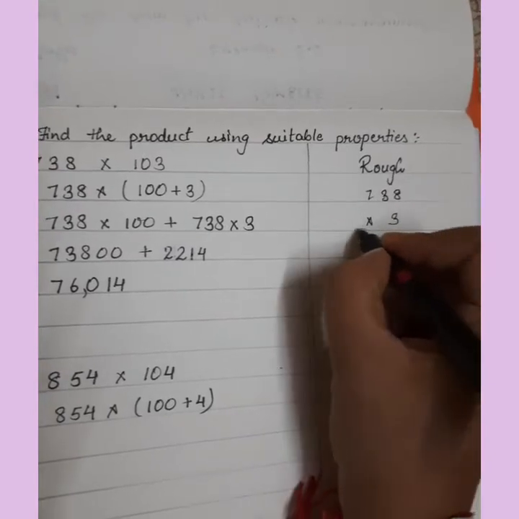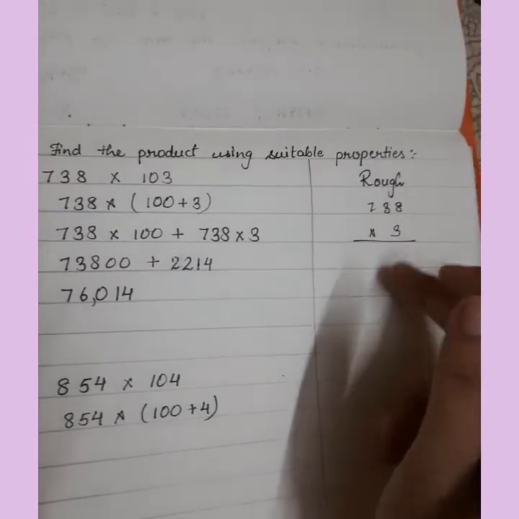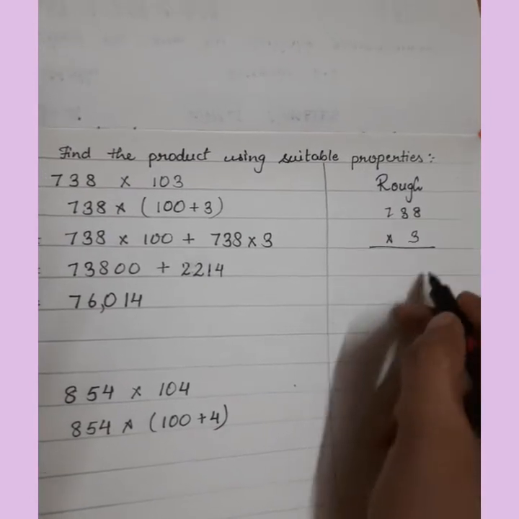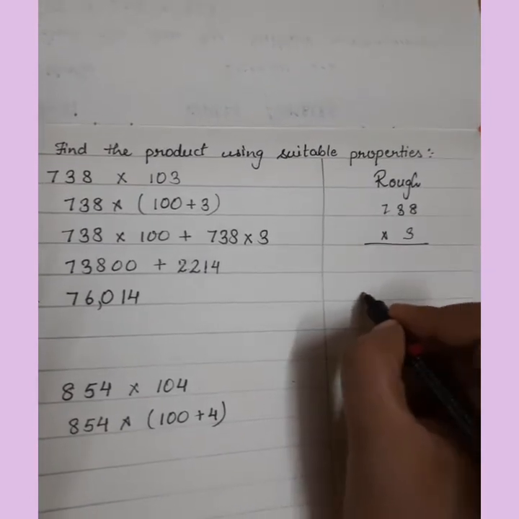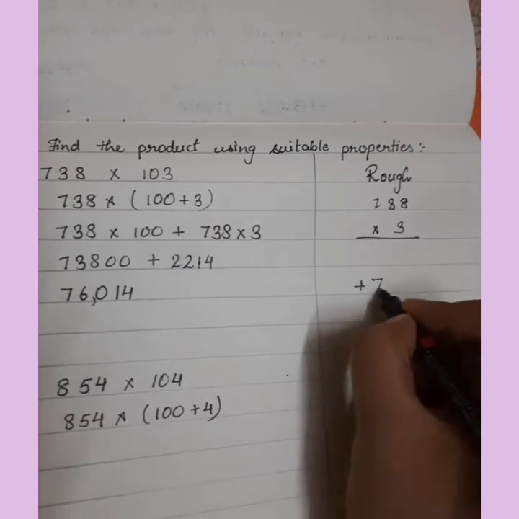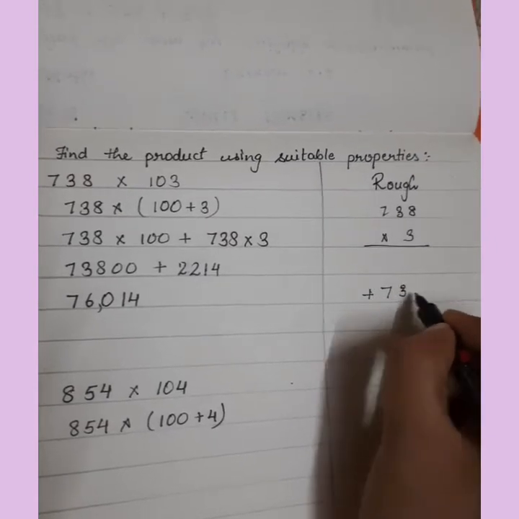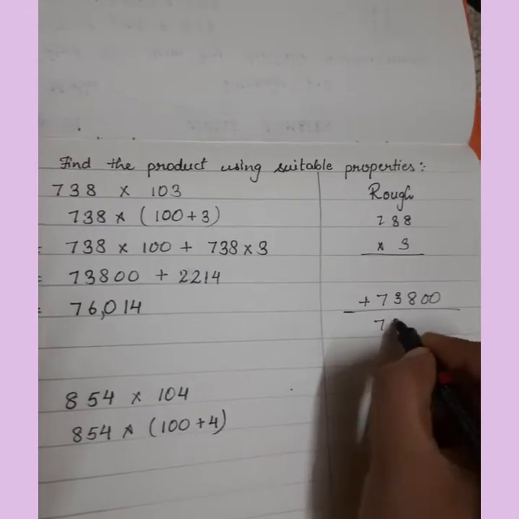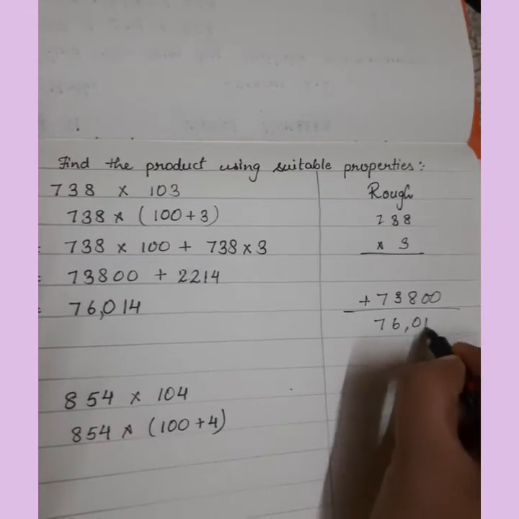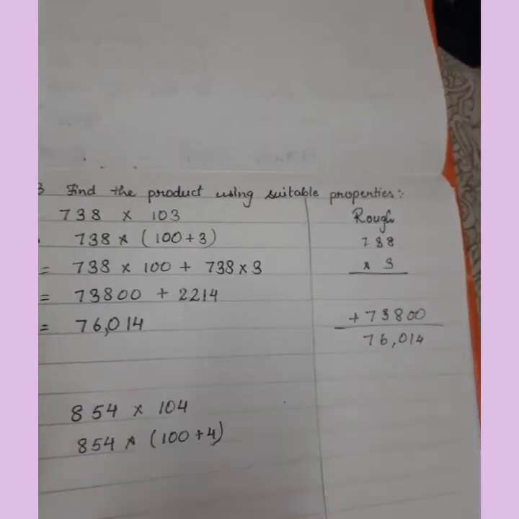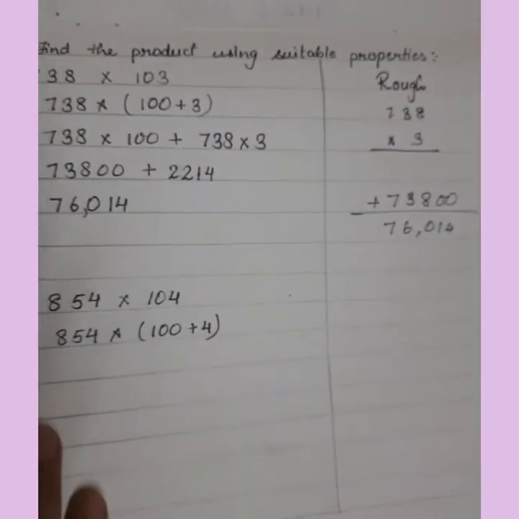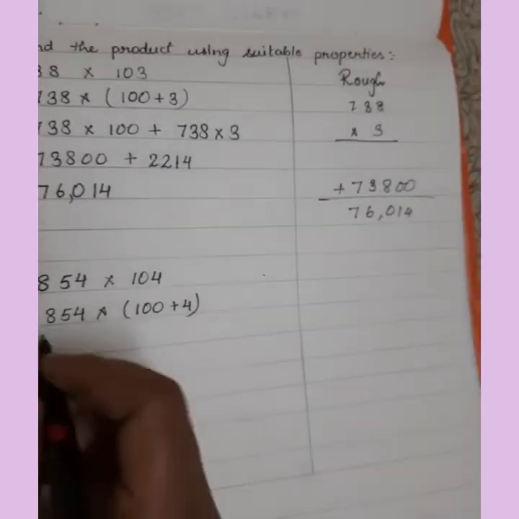You have to do it separately on your own. Then add both the numbers. Whatever answer you get here, add it to 73,800. So you will get 76,014, like this.